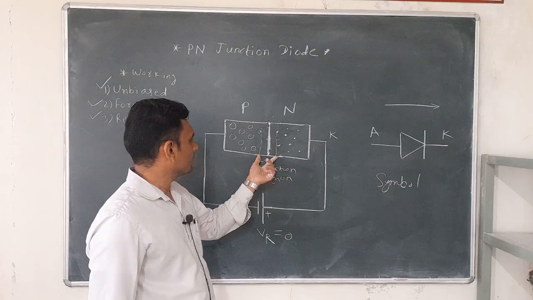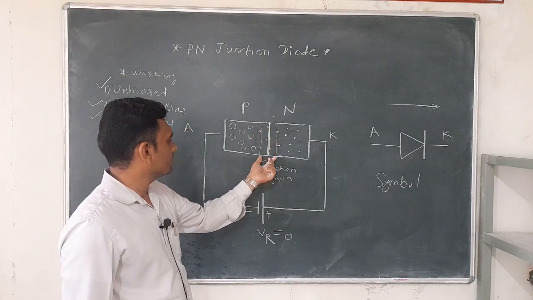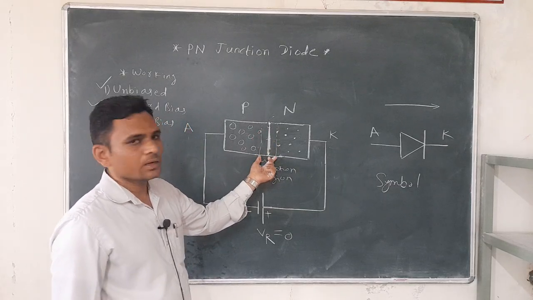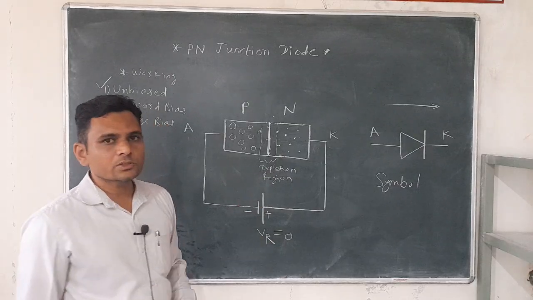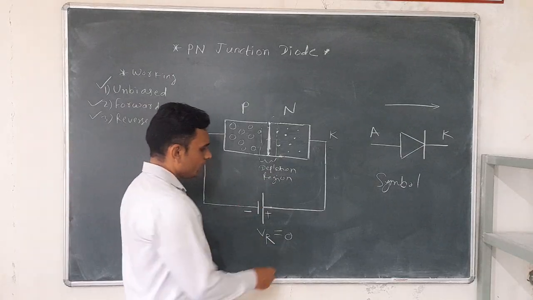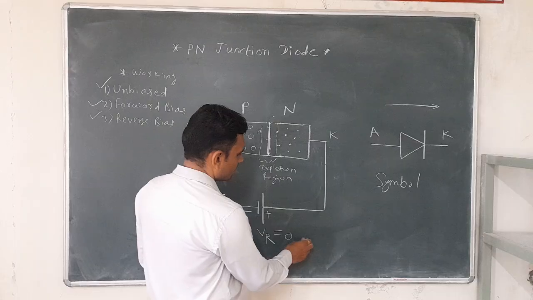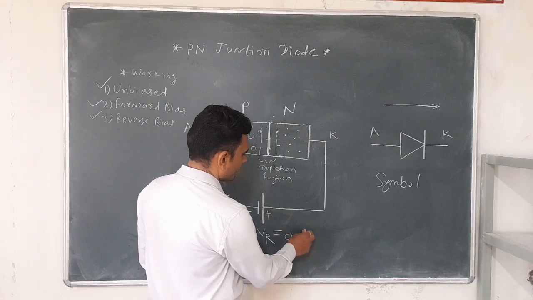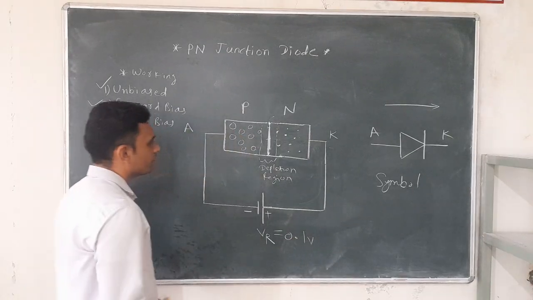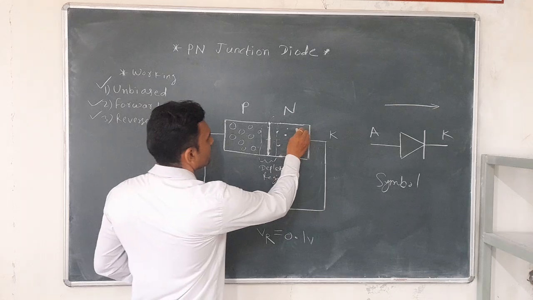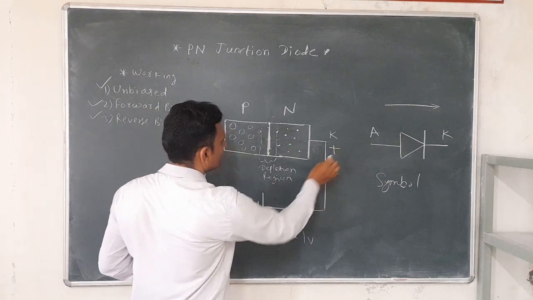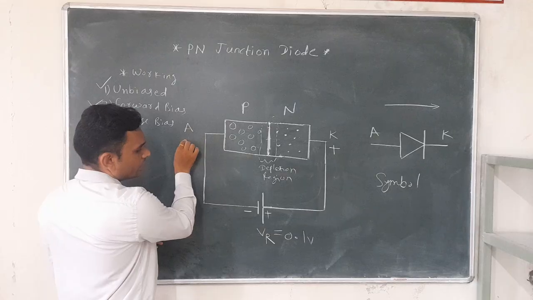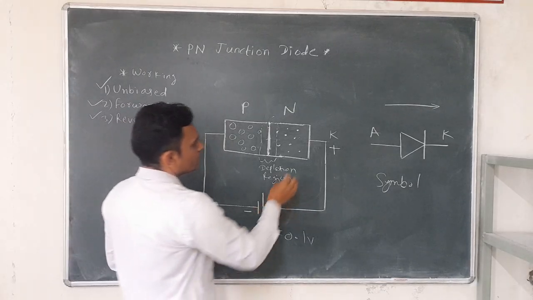Consider that this is the original width of this depletion region when reverse voltage is 0. When we increase this reverse voltage in steps, for example 0.1 volt, here cathode terminal is positive, anode terminal is negative.